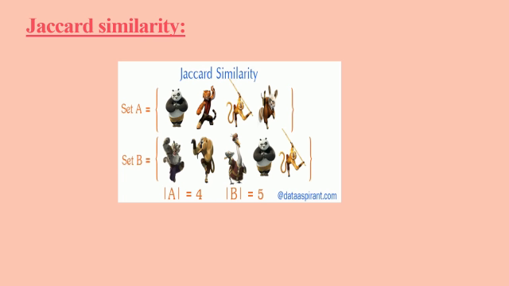Next is Jaccard similarity. For Jaccard similarity, we have to consider some set operations like cardinality, intersection and union. In this example, we can observe set A consists of 4 elements and set B consists of 5 elements.